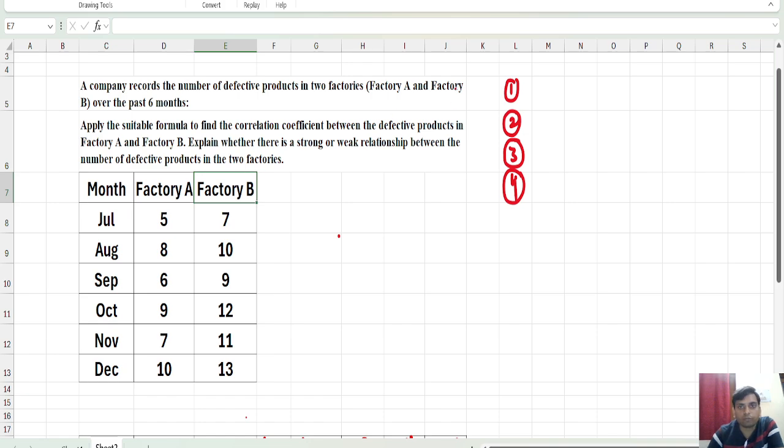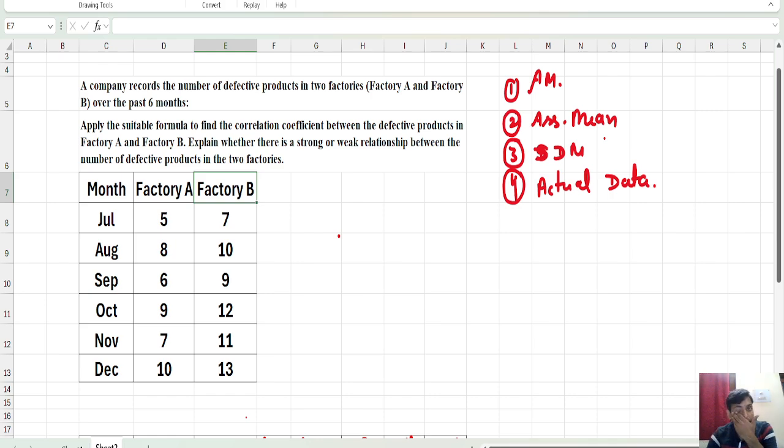So first method, when deviation is taken from arithmetic mean. Second method, when deviation is taken from assumed mean. And third method is step deviation method, and fourth method is by using actual data. So first we will check if there is a constant gap in the terms, then you can apply this third one.